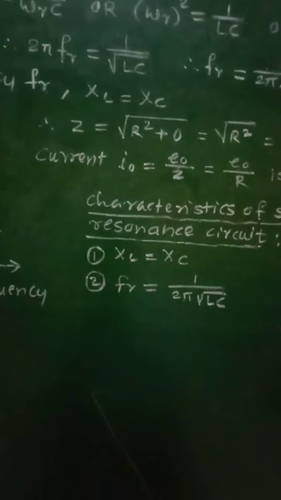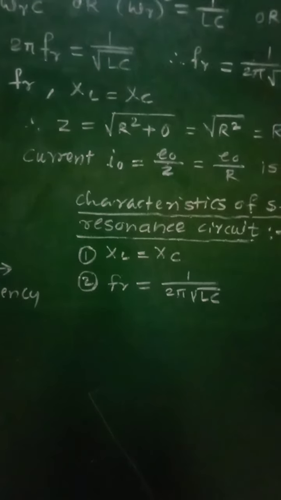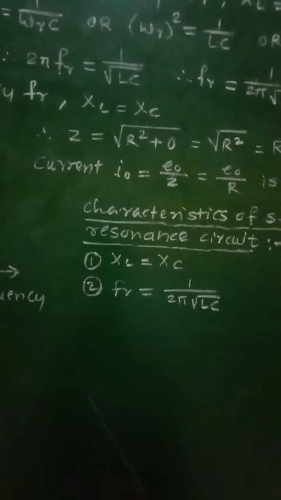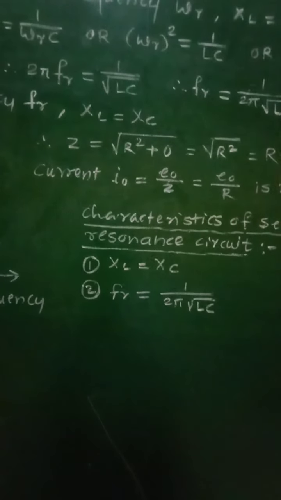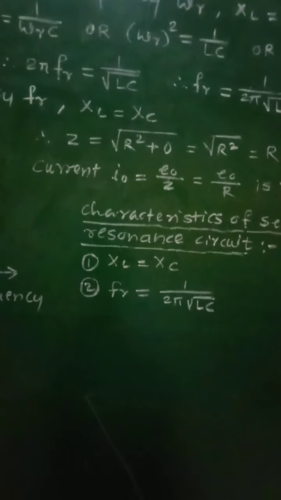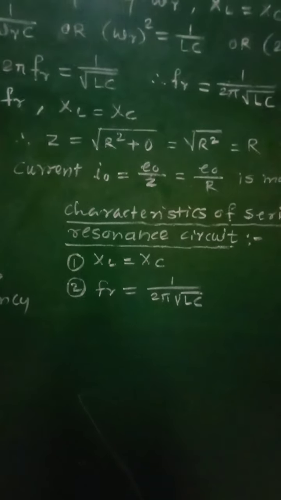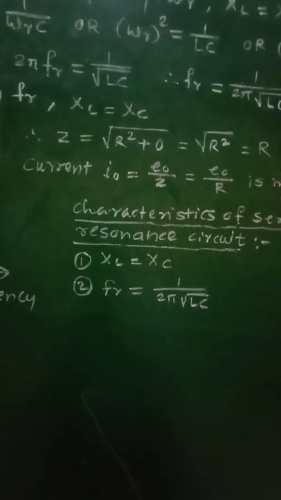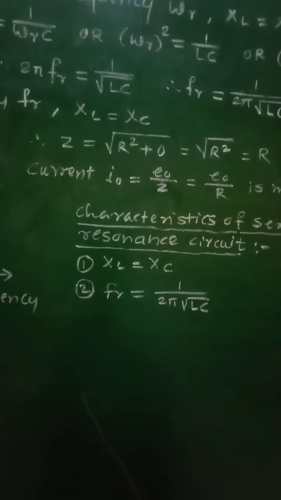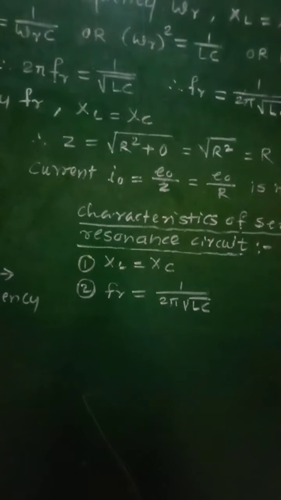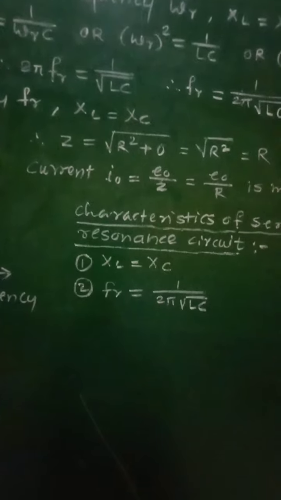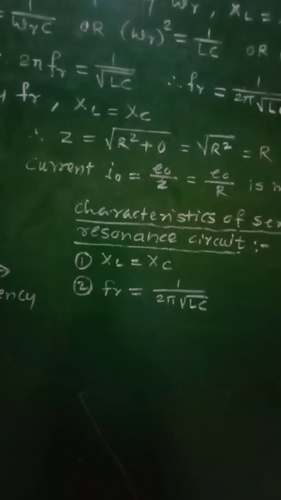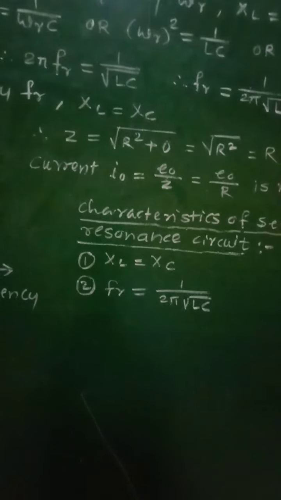Fourth, current has maximum value at resonant frequency. And fifth, when a number of frequencies are fed to it, it accepts only one frequency fr, that is the resonant frequency, and rejects the other frequencies.